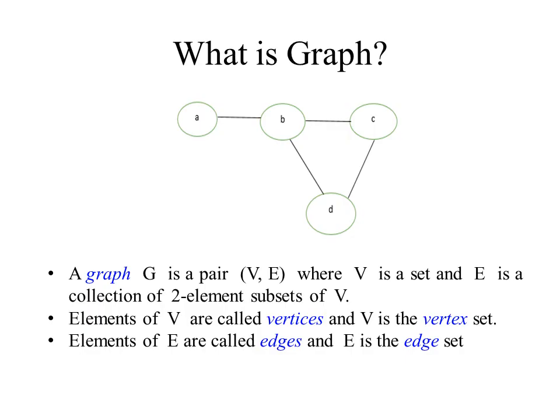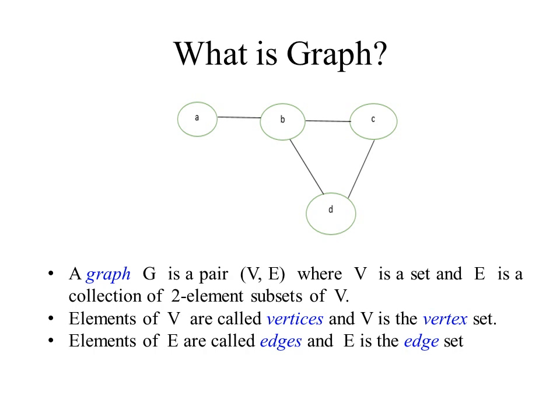E is a collection of two elements which are a subset of V. A and B are a subset of the vertices, so we connect A and B with respect to the edge E. Elements of V are called vertices.